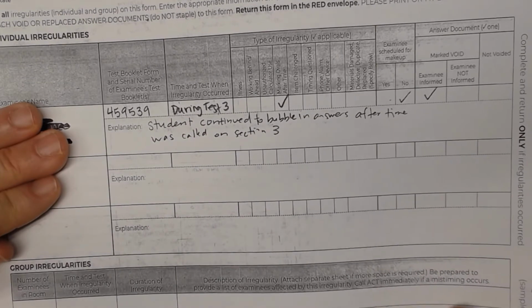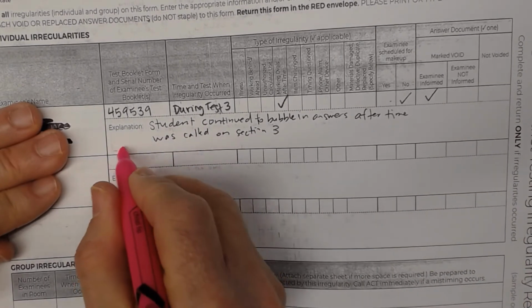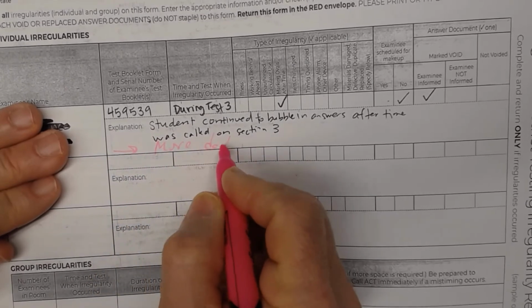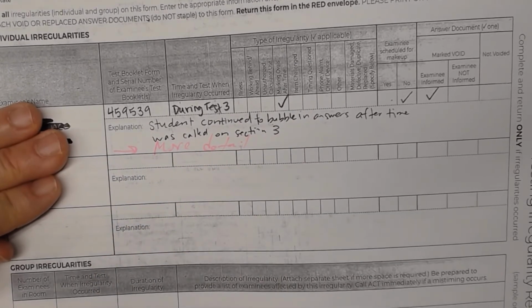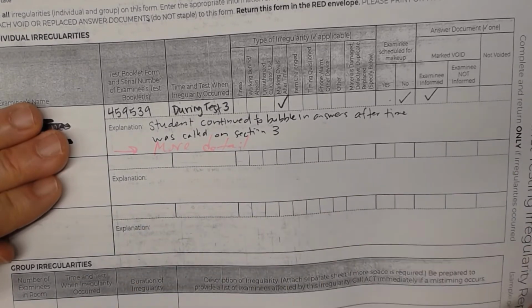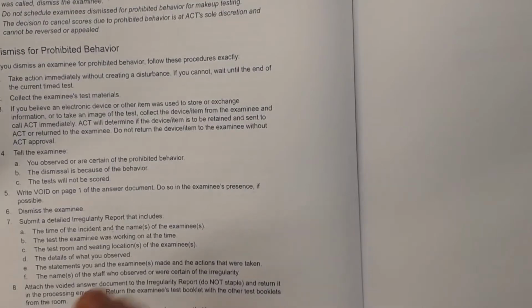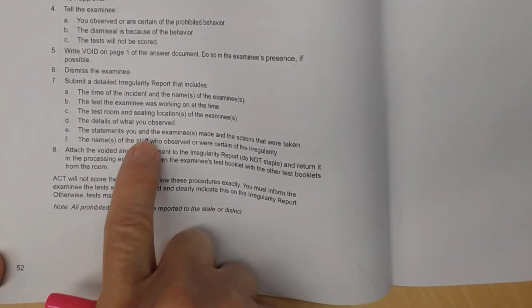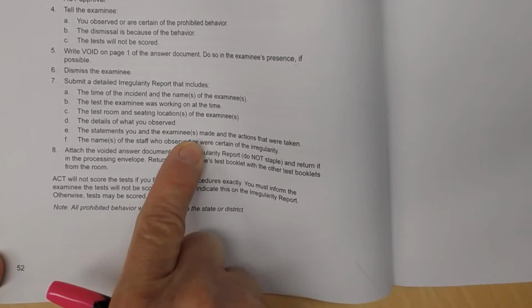All right. So that's all they wrote. You really should put more detail on here. Who observed it? What conversation did you have with the student? Because it is asking. You notice they do have one of these things listed here, where the statements you and the examinee made and the actions that were taken.